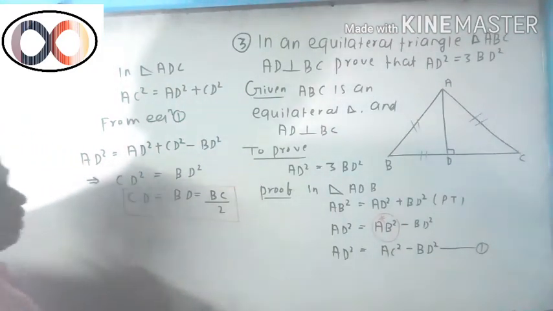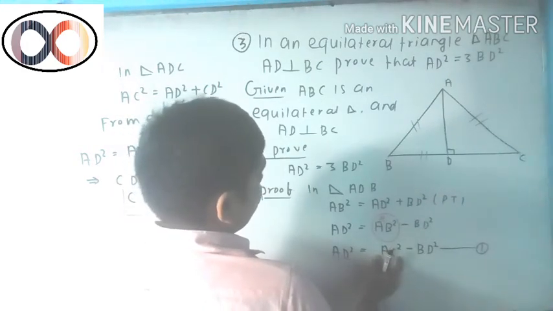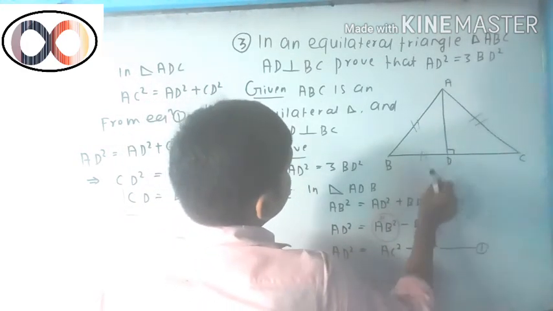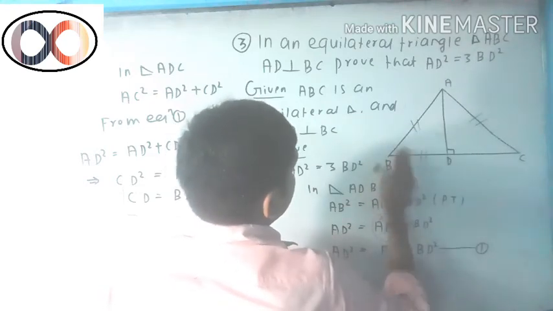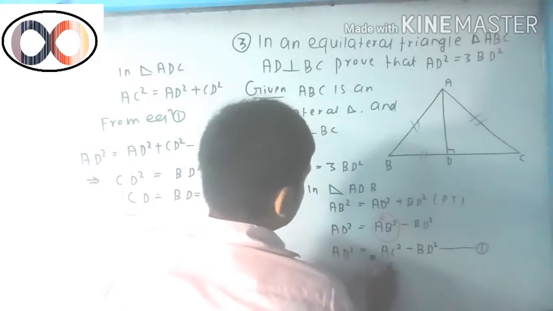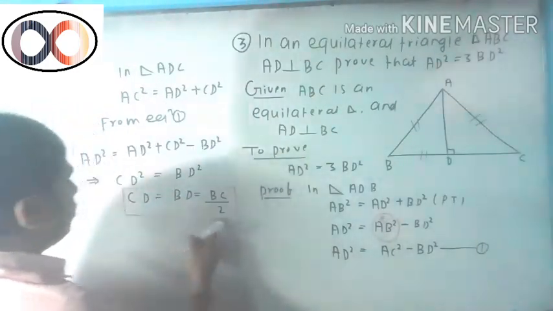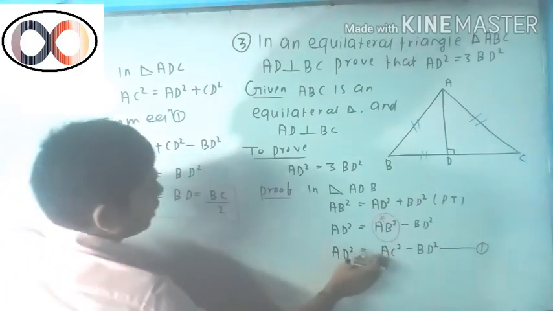And AC equals to BC and BC equals to AB, so in the place of AC we can write twice the BD.